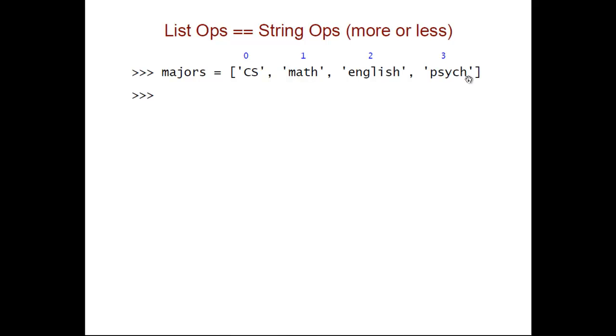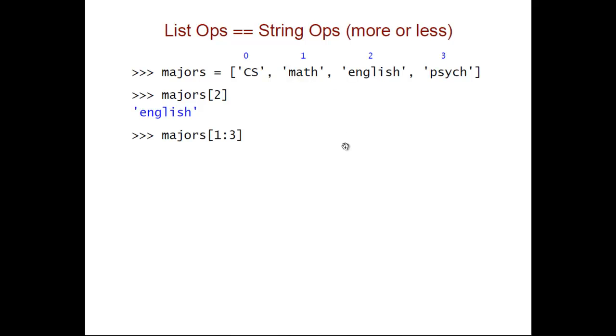But let's assume here that we're taking that other approach, at least for now, and you can see I've taken this list of 4 strings and I've assigned it to the variable majors, and I'm doing this at the shell, which is why you see these 3 greater than symbols. That's the shell prompt. You might want to try this actually on your own at the shell. And let's assume that we do that. And then if I type in this expression, which is an indexing expression, what I'm going to get is the element at position 2, which is English, the string English.